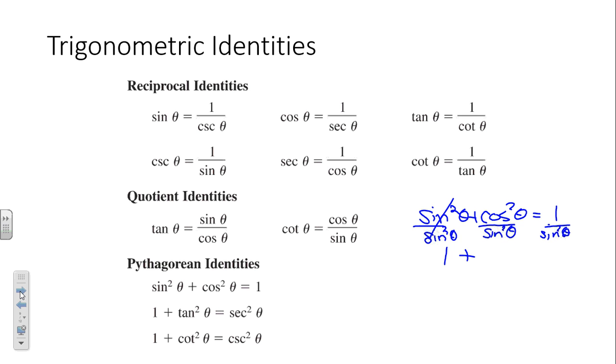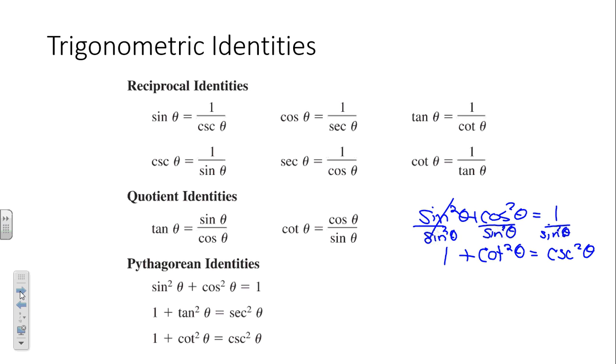Cotangent, right? And what is 1 over sine squared? Cosecant squared. Make sense? That's where that one comes from.